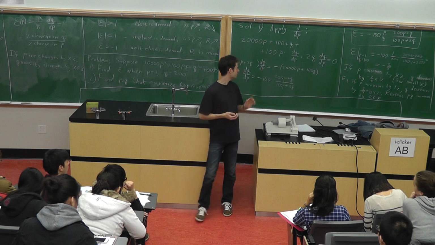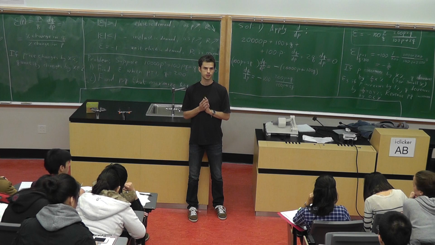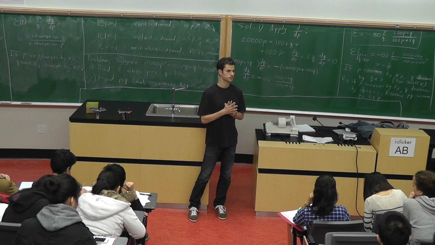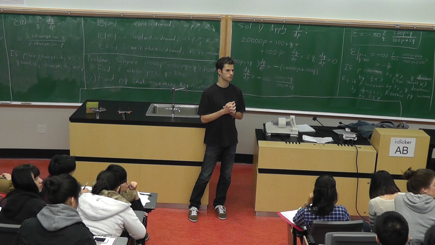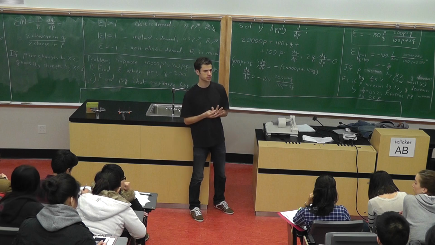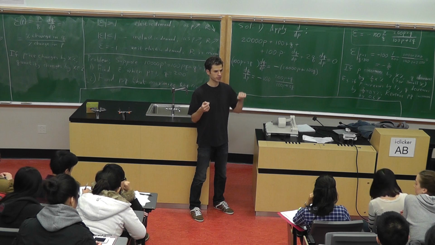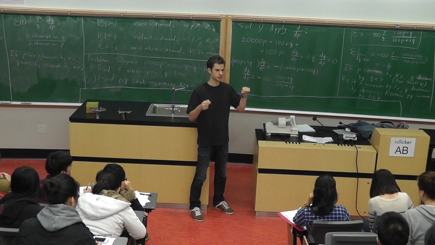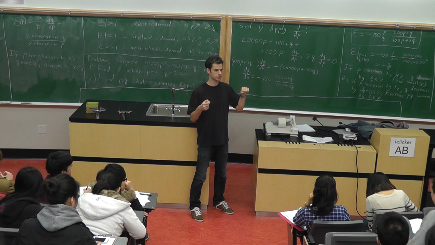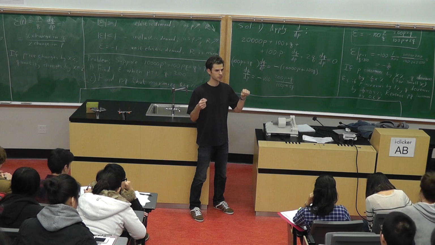Okay, so maybe questions about this first part. Yeah. So what happens is, it's general. If you have two quantities, if one of them increases by A% and the other one decreases by B%, the product will increase by A minus B%.